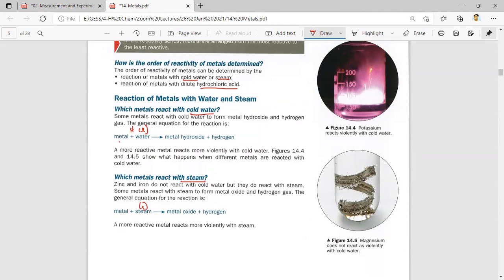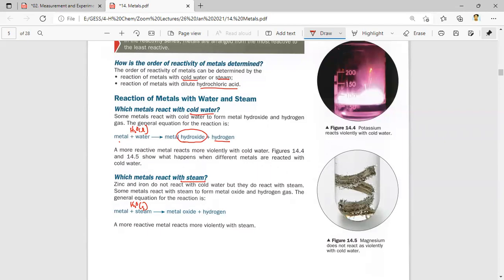So this is H2O liquid, and this is H2O gas. Then some of you may say, since it's reacting with water, why would the state make a difference? I want you to look at the product. If you let metal react with cold water in the liquid form, you will get hydrogen plus metal hydroxide.